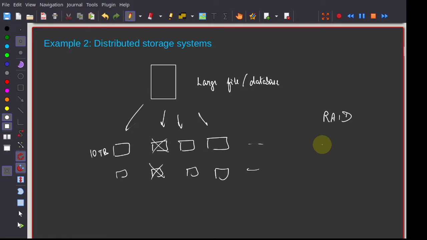That is what we will typically be interested in. At all times, we want to be able to recover all the data. As long as the number of disk failures is less than a certain amount, we should be able to recover all the data. If the number of disk failures is more, then we don't care. We assume that everything is lost. That's the flavor we will have in this course.